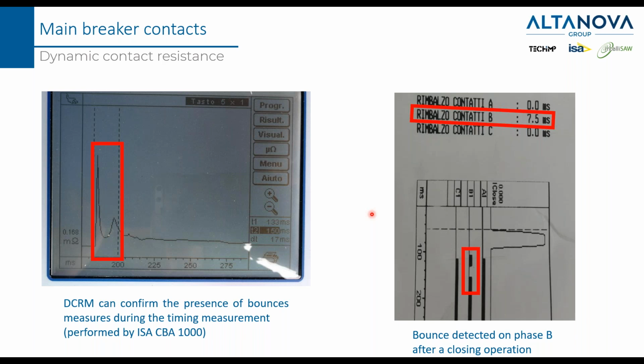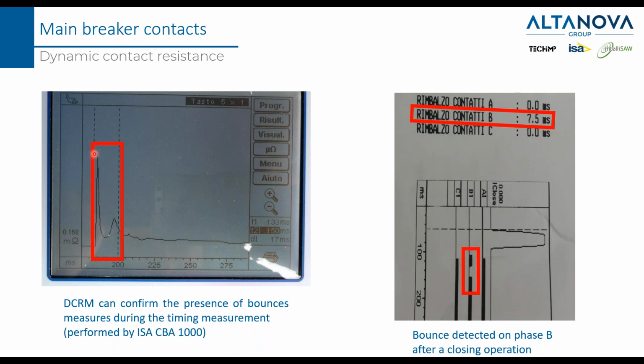Then they did the test and they found bounces when the contact, phase B in this case, was closed. So thanks to the possibility to do a dynamic resistance, they got the confirmation that this was not a mistake of the timing input of the device, but a real behavior.